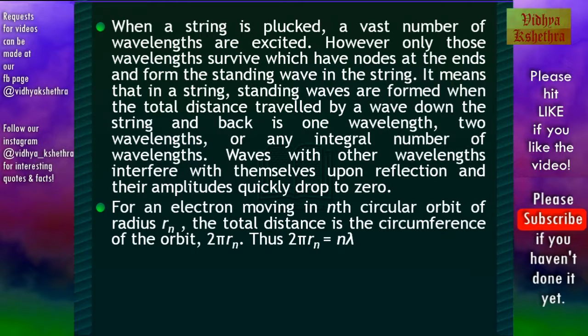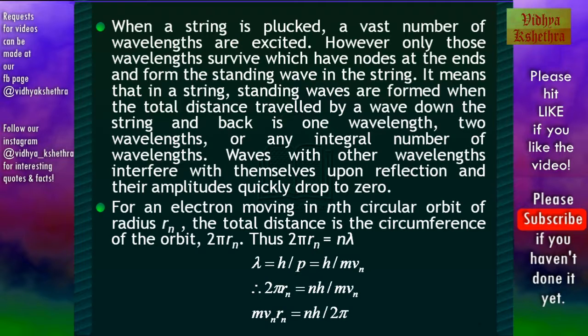So for an electron moving in the nth circular orbit of radius r_n, the total distance is the circumference of the orbit, that is 2 pi r. Thus 2 pi r_n is equal to n lambda. Now the equation for the de Broglie wavelength is lambda equal to h by p, where p is the momentum, and it is given by h by m v_n.